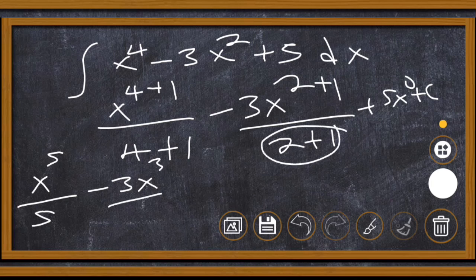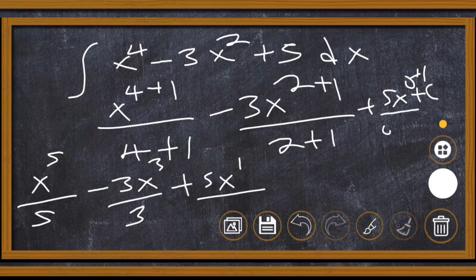Over here, it's the same value, that is 3. And then plus, adding 1 to 0, it's going to be 5x, 0 plus 1, it's 1. Over here, you divide by the same value, that is 0 plus 1, which we know is 1. Then plus the constant value c.